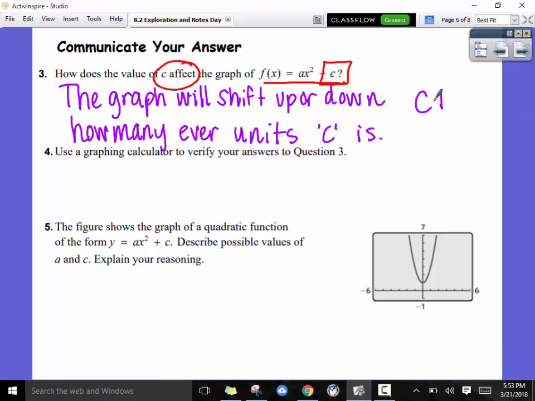If C is positive, the graph will shift up. If C is negative, the graph will shift down.